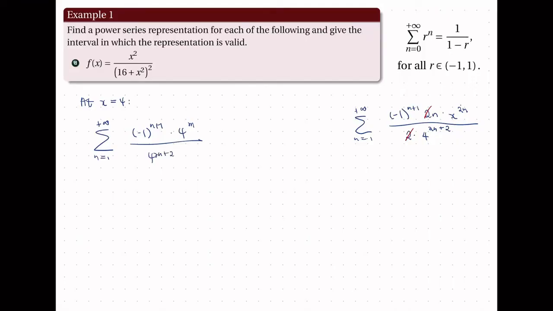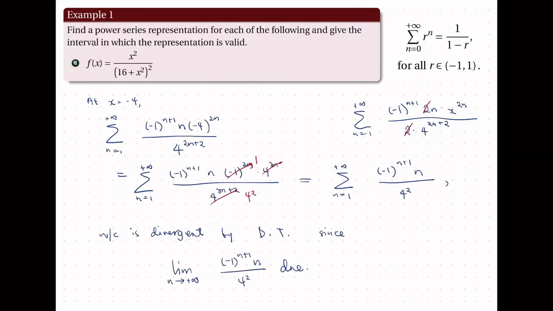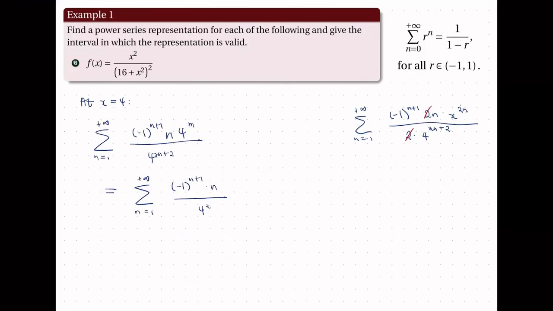And again, may factor tayong n dito. Simplifying, this is equal to the summation from n equals 1 to positive infinity of negative 1 raised to n plus 1 times n over 4 squared. So, kamukha lang siya nung nakuha nating series doon sa other endpoint. So, this is also divergent by divergence test.